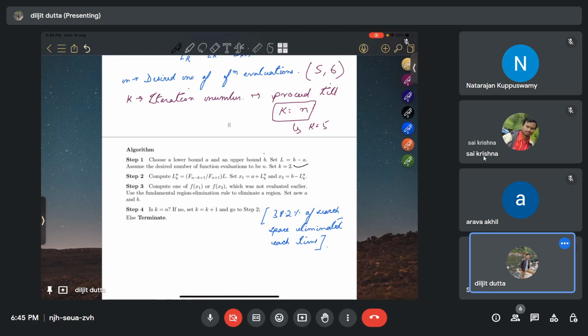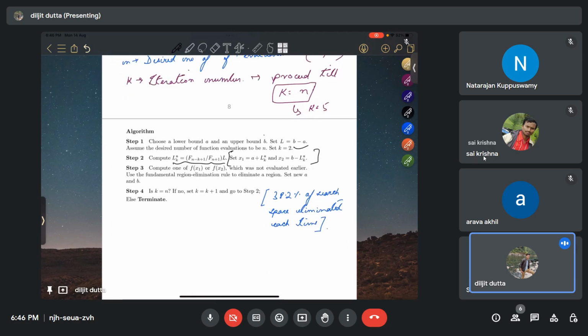After that we compute Lk star by this formula, and we set the new endpoints as x1 equal to A plus Lk star and x2 equal to B minus Lk star. Then we compute f of x1 or f of x2, whichever was not evaluated earlier, and use the fundamental region elimination rule.